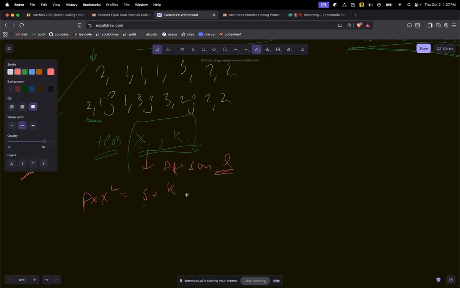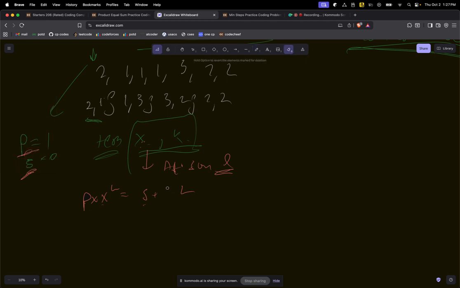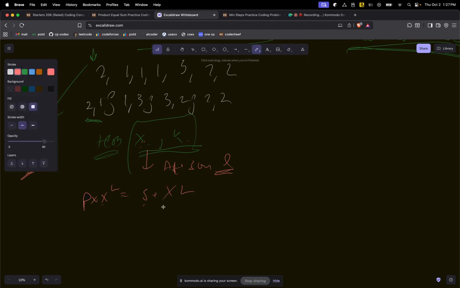So we can use the bigger L notation. That is fine. So let's do some maths. Again, this question comes down to maths. So this would be not k, this would be x. So what you can do now is move the sum here.